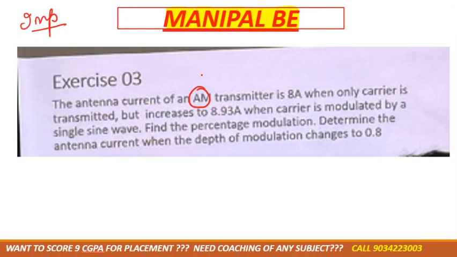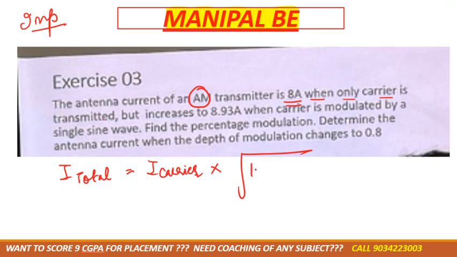They said the antenna current of an AM transmitter is 8 ampere when only the carrier is transmitted. So we can consider I total is equal to I carrier multiplied by root of 1 plus m square by 2, where m is the modulation index.